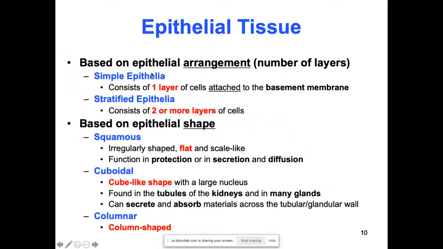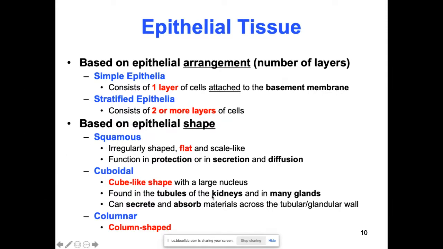So simple epithelium, stratified epithelium, squamous, we said, is irregular shaped. When you learn osteology this week, you'll see that within the skull, there's a squamous suture, and there's a little bit of a squamous shaped bone near the temporal bone, okay, because it's flat, irregular shaped. Cuboid looks like a cube.